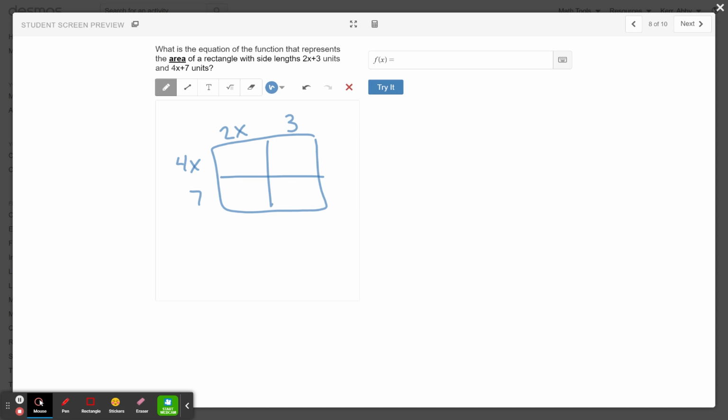You can't separate them. Multiply them. And then combine like terms. And make sure that you put it in standard form. So 12 plus 14 is 26. Don't forget the x.